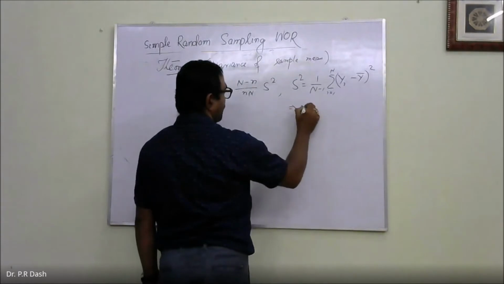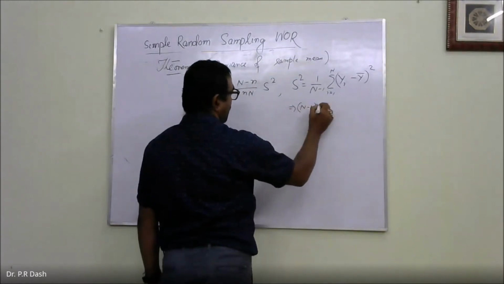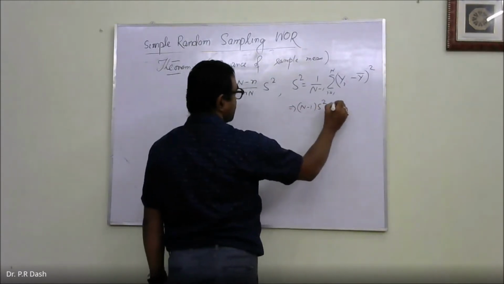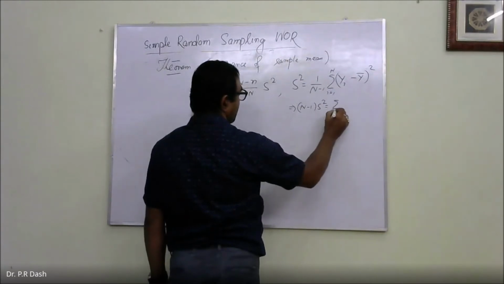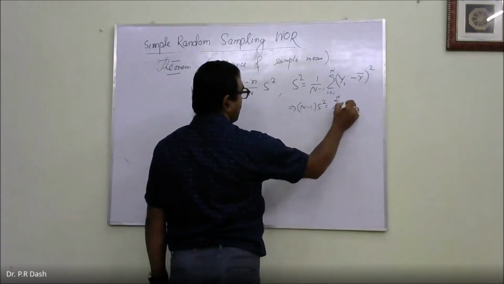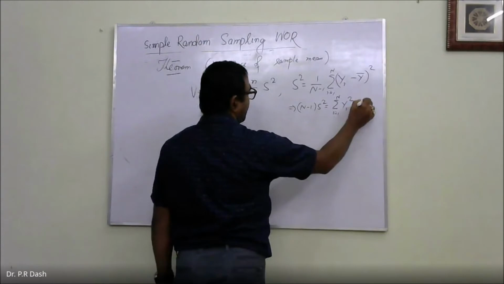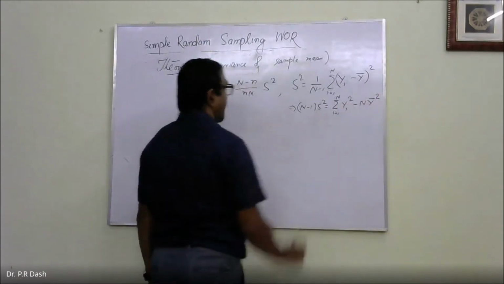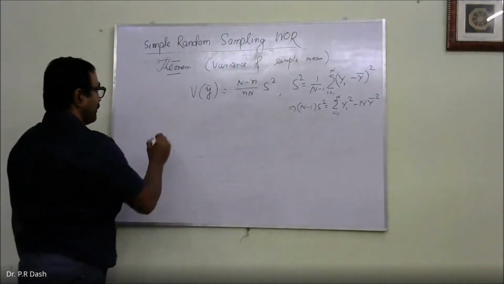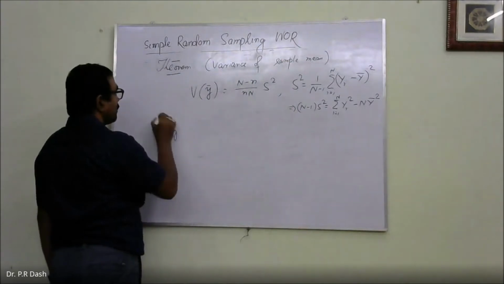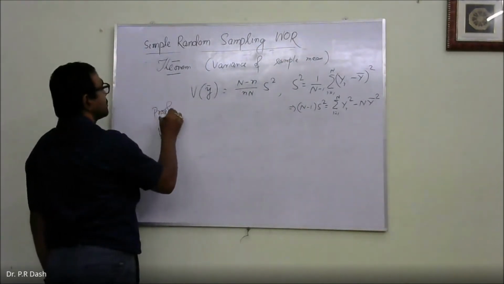So that n minus 1 into s square equal to summation i equal to 1 to n y i square minus n y bar square. Now we shall prove this.